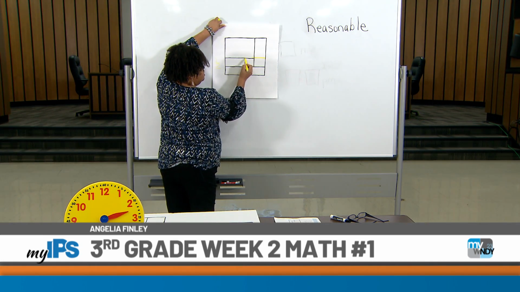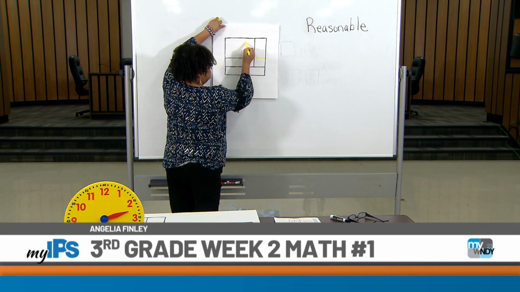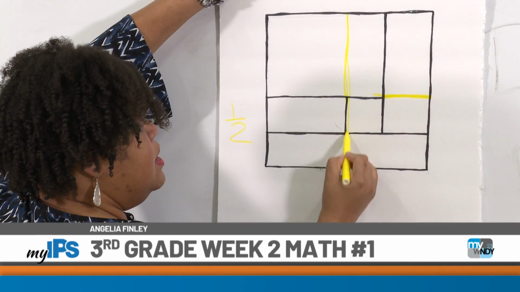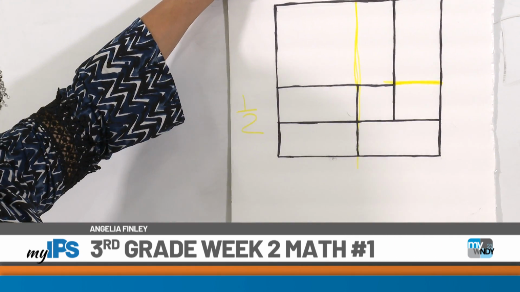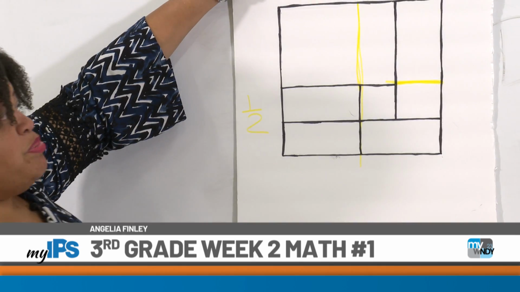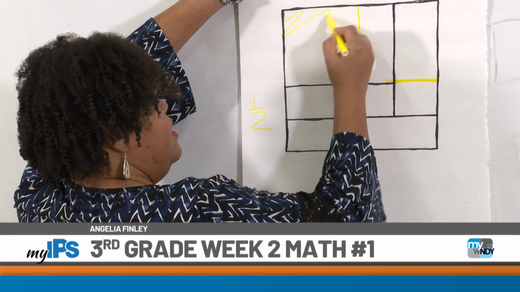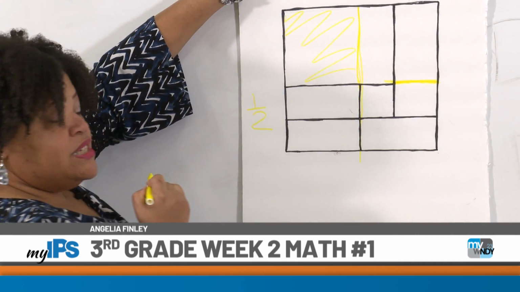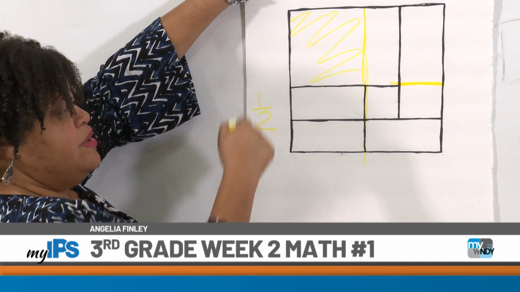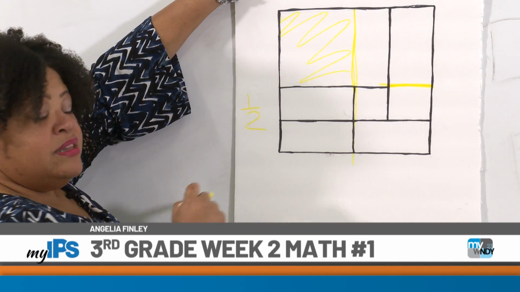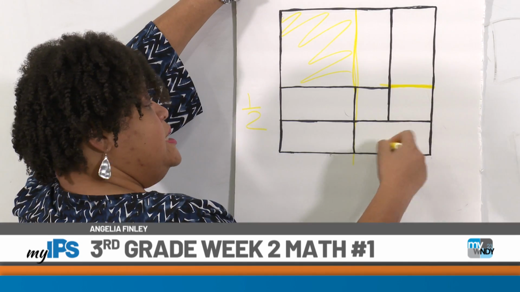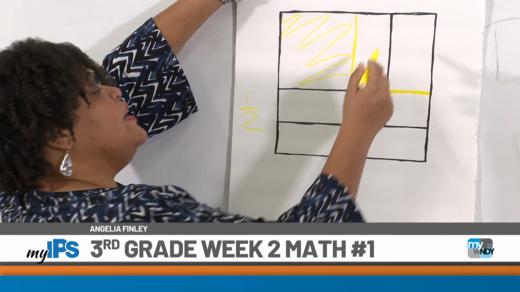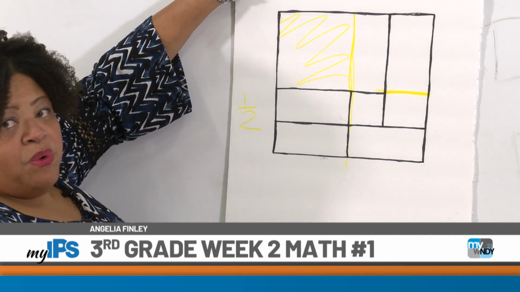What if I took my yellow marker and went straight up like this? How many parts do you see now in this square? That made a fourth. If I color this in, that's a fourth. I color this in, that's a fourth. If I color this one in, that's a fourth.